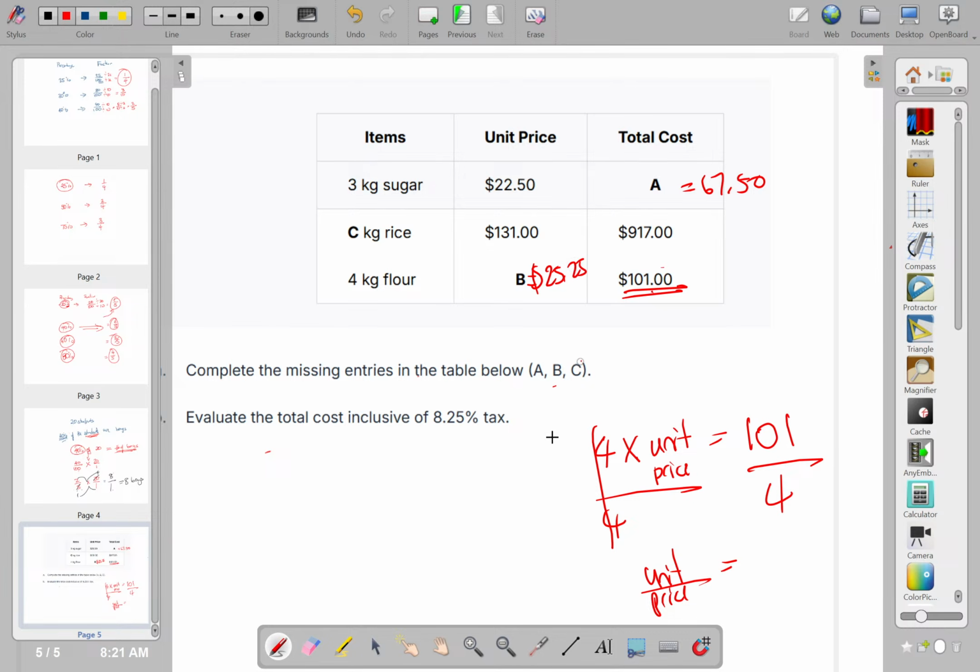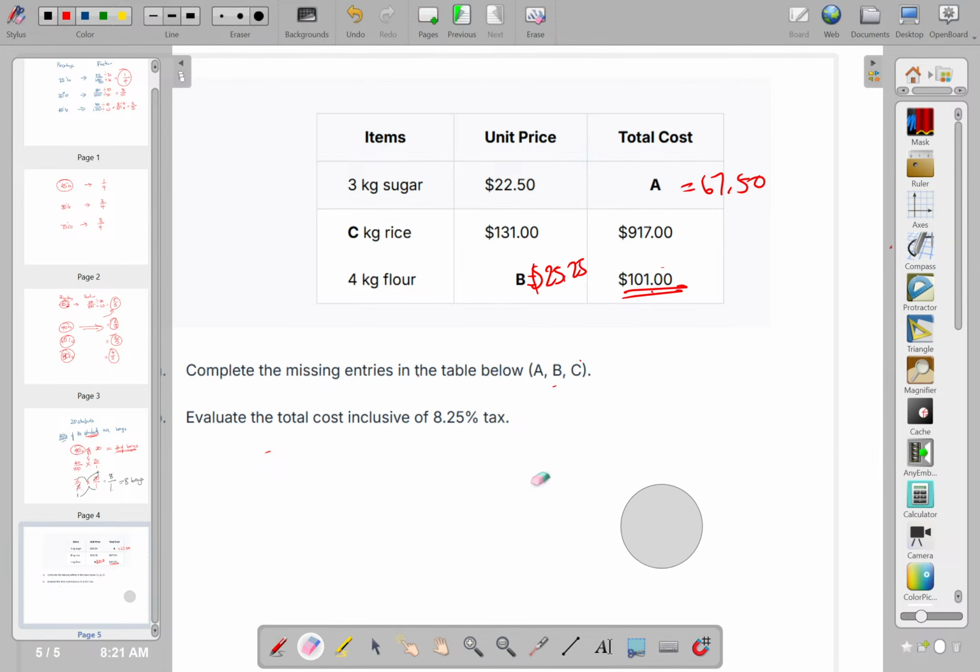Now we need to find C. C is how many kilograms of rice. Remember, we bought a certain amount of kilograms of rice, and every kilogram of rice costs $1.31, and we got a total cost of $9.17. You notice this formula looks like the one that I created before, and I'm not changing anything.